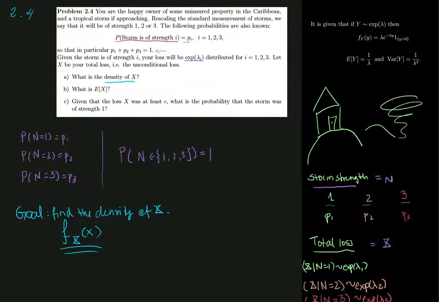So we have this vague idea that the unconditional loss X is continuously distributed as well, and now we want to find its density. So for that, take a look at the next video. We're gonna get started.